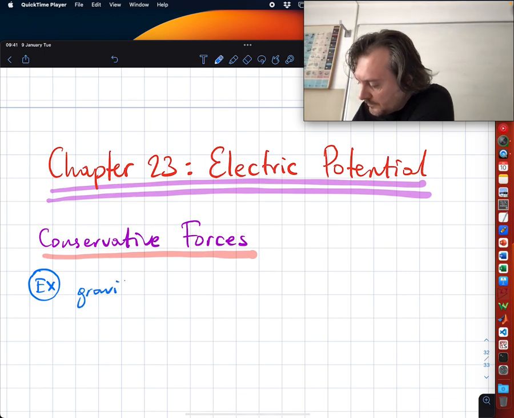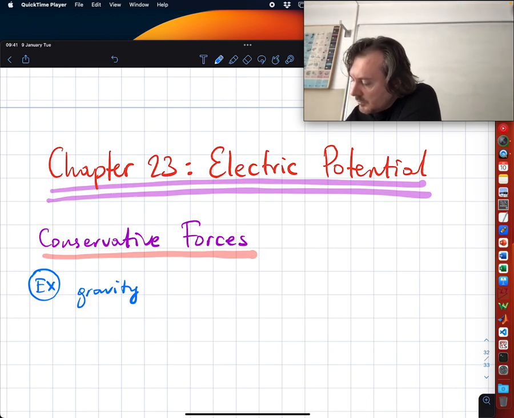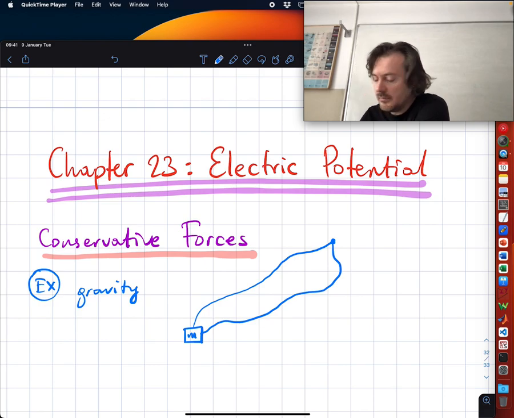Gravity is a good example. So what I'm trying to say here is that, let's say I have a mass like this. When I take this mass up here on a certain path and take it down here on a different path, the total work that I'm doing is 0.